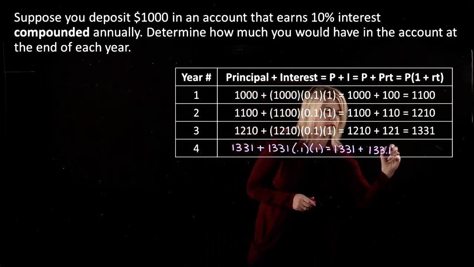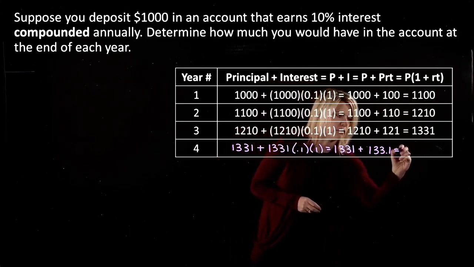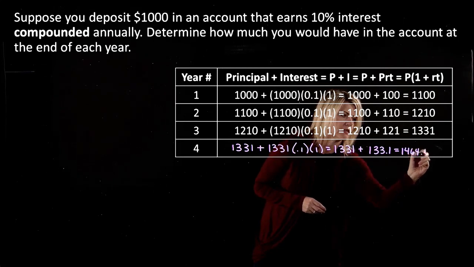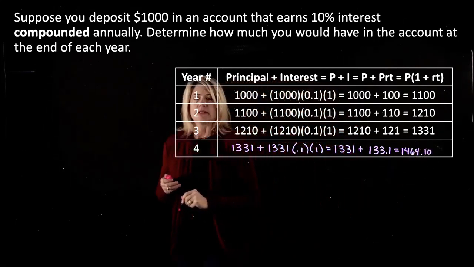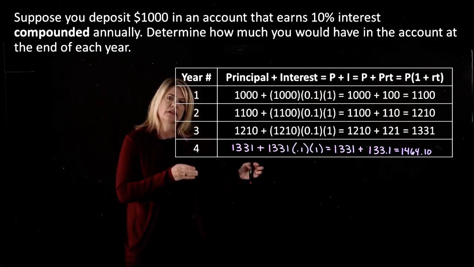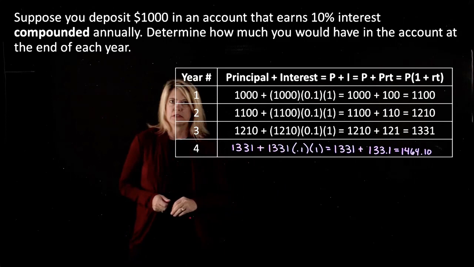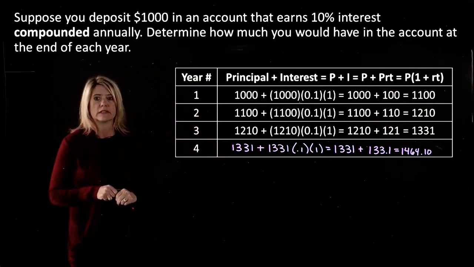So when we sum these two, we see at the end of the fourth year, we have $1,464.10 in the account. So you see the compound interest actually allows us to earn a little bit more money throughout those 4 years. So what would happen if we compute this using simple interest?